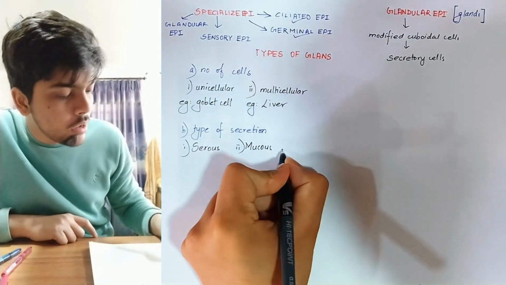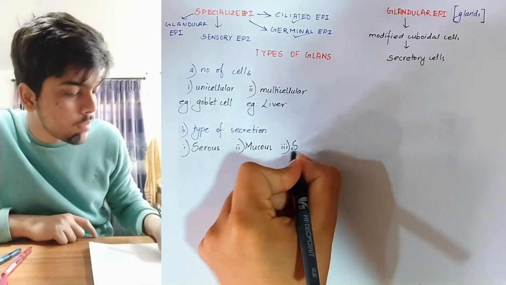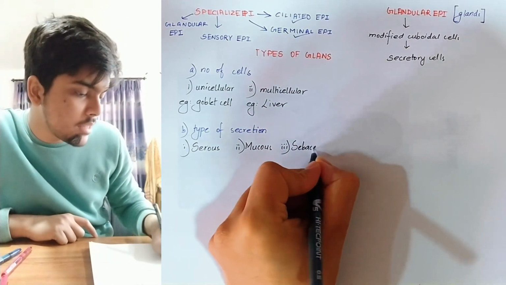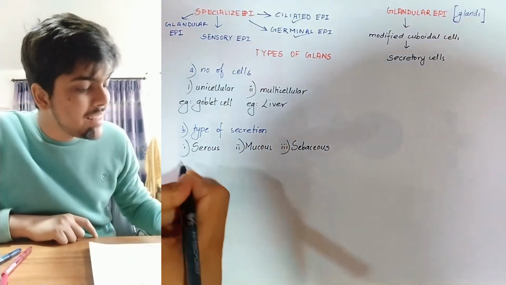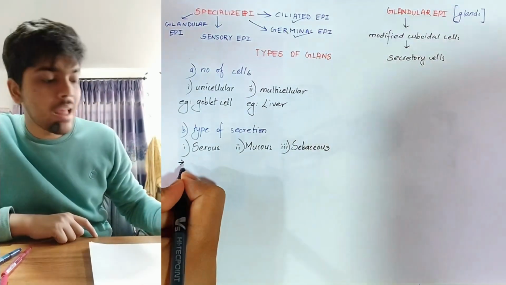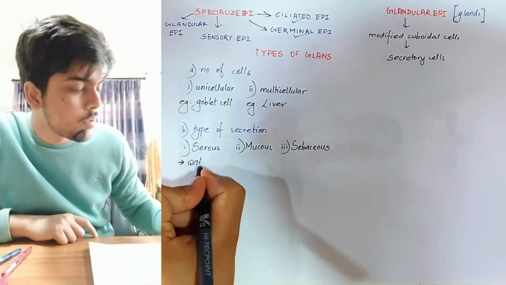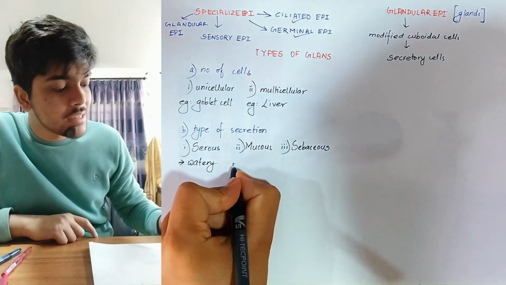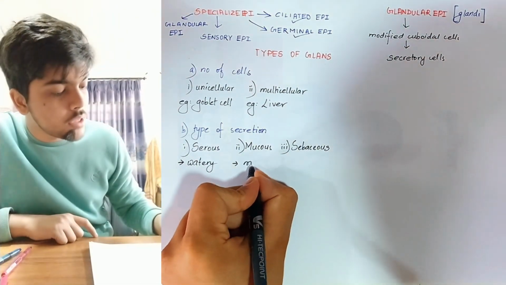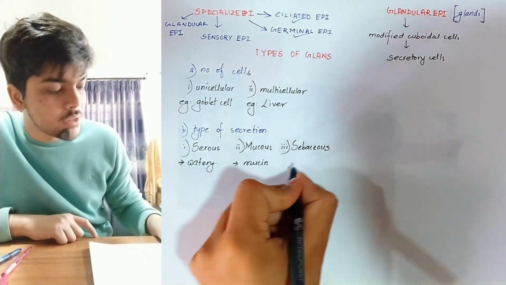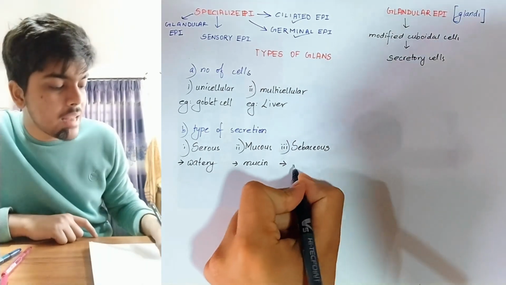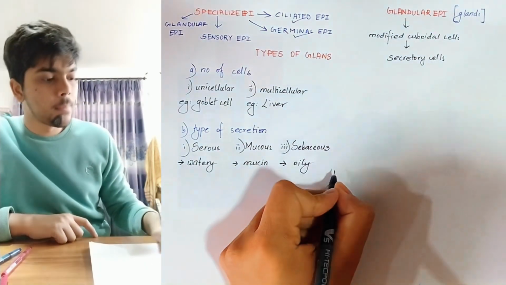And number 3 is your sebaceous gland. Serous glands are those glands that have watery secretion. Mucous glands are those glands that secrete mucin or mucus secretion. And sebaceous glands have oily secretion.